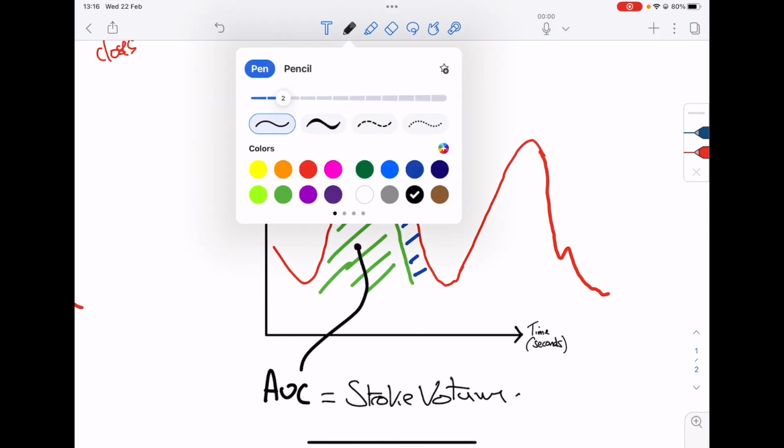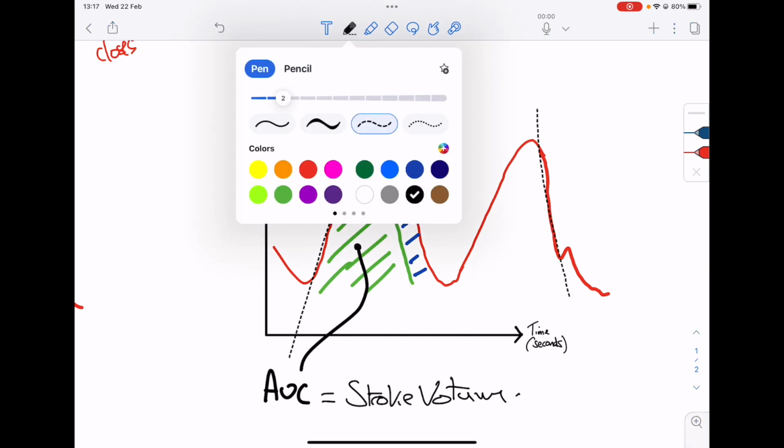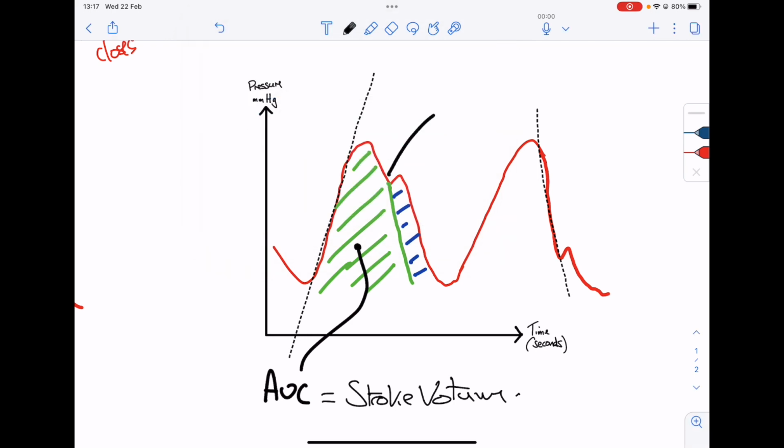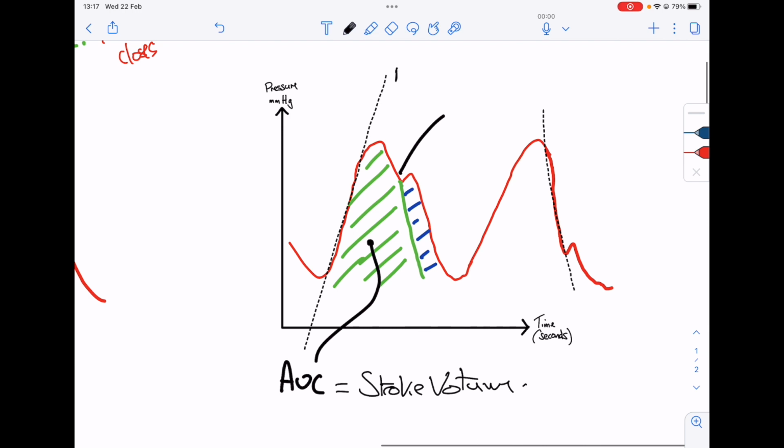Let's do it like this, I think. This gradient. Another important gradient is this one. I'm just going to put a dotted line there so that I can go back to my standard flavour of writing. And this is going to be myocardial contractility.